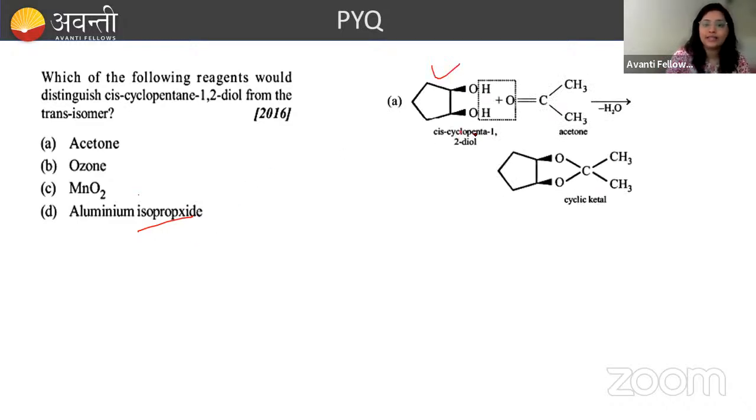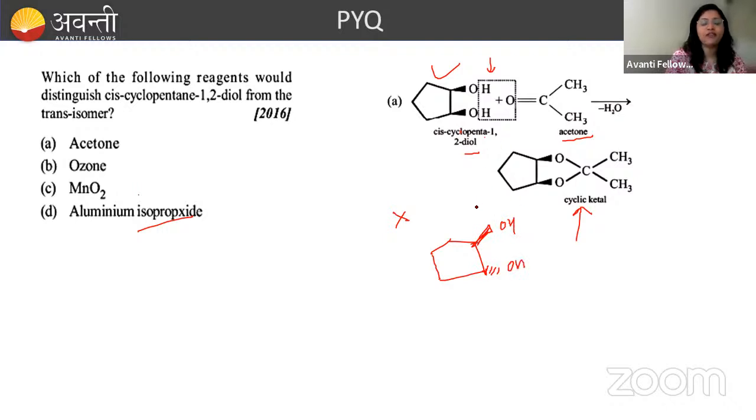You can see cis-cyclopentane 1,2-diol, this is our diol. When this reacts with acetone, what does it form? It forms a cyclic acetal. But such a cyclic acetal is not possible in the trans isomer. How will the trans isomer be? One OH will be up and one will be down, this OH and this OH.